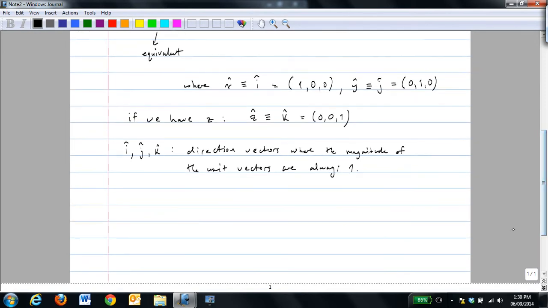The magnitude of a vector looks something like this: you put these bars around them. Sometimes it's absolute value, sometimes it's the norm, the Euclidean norm for this vector. But it's always equal to 1.